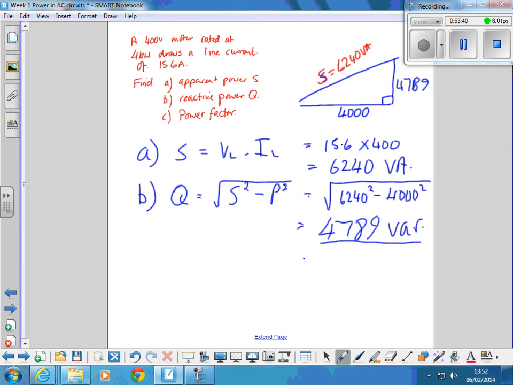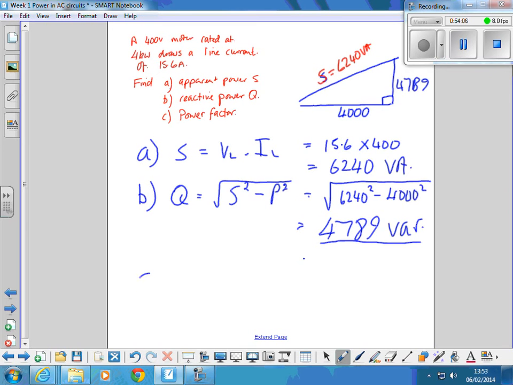And if you've got all of those three quantities in K, you can just put the numbers in and the answers come out in K. So if you've got the power in kilowatts and S in kVA, you can just put the numbers in and you'll come out with Q in kVAR.